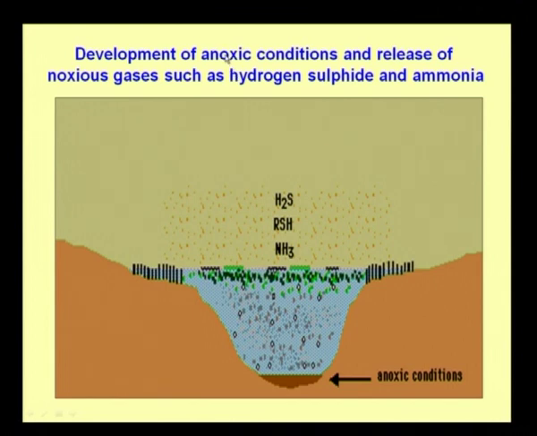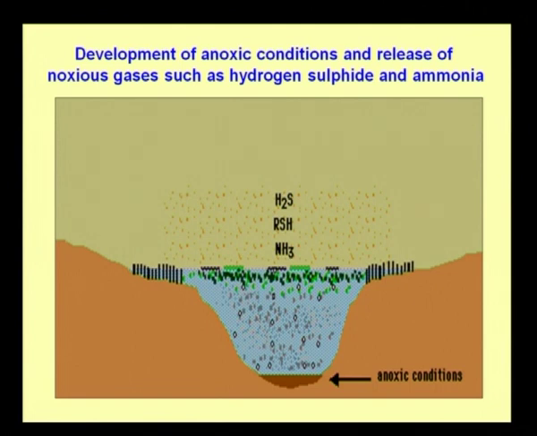In that anoxic condition, noxious gases such as hydrogen sulphide and ammonia are released from the water. The amount of oxygen has reduced, the number of fishes has also reduced, and there are no water plants now.